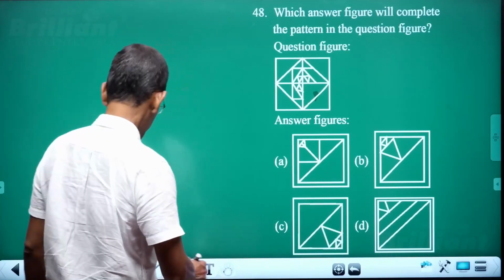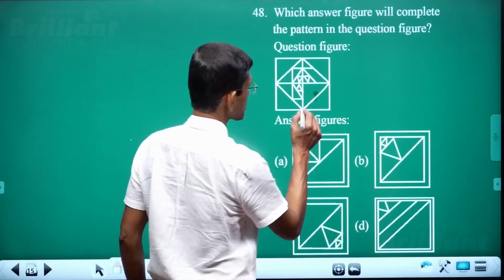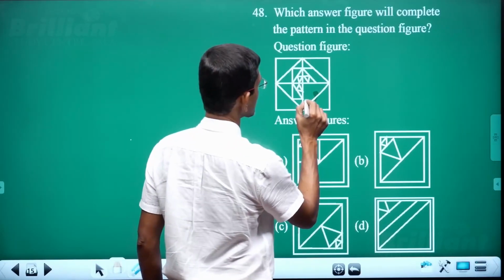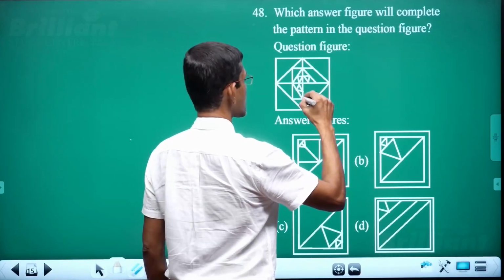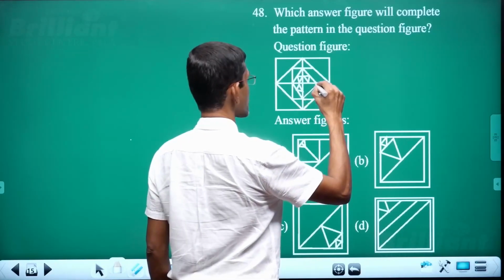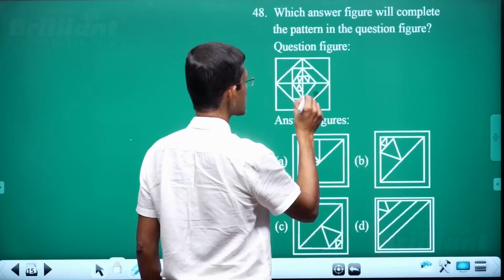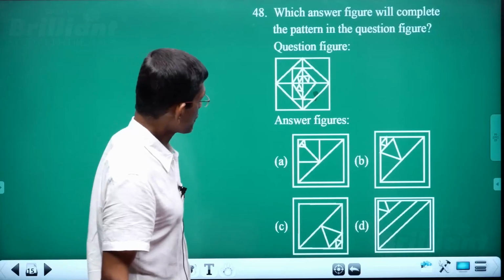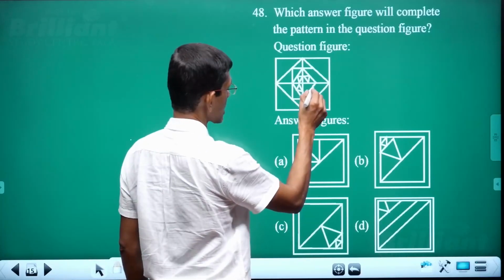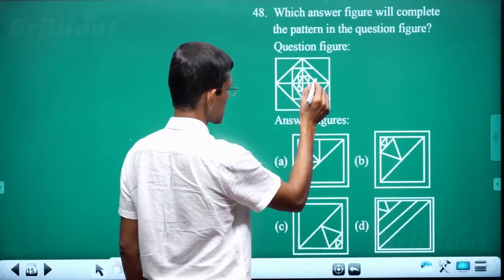Now next thing, we are going to just complete the square part. And here we have another small square right inside. So that's it. So we have two such diagonals here, two such diagonals, this way.